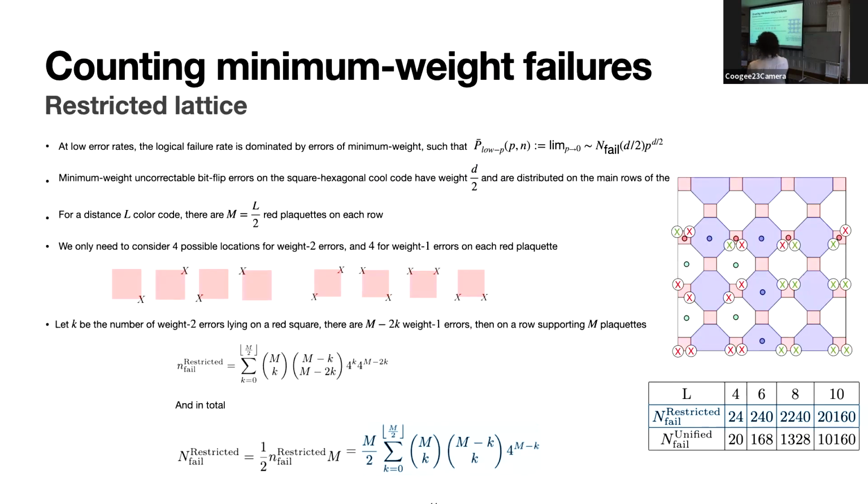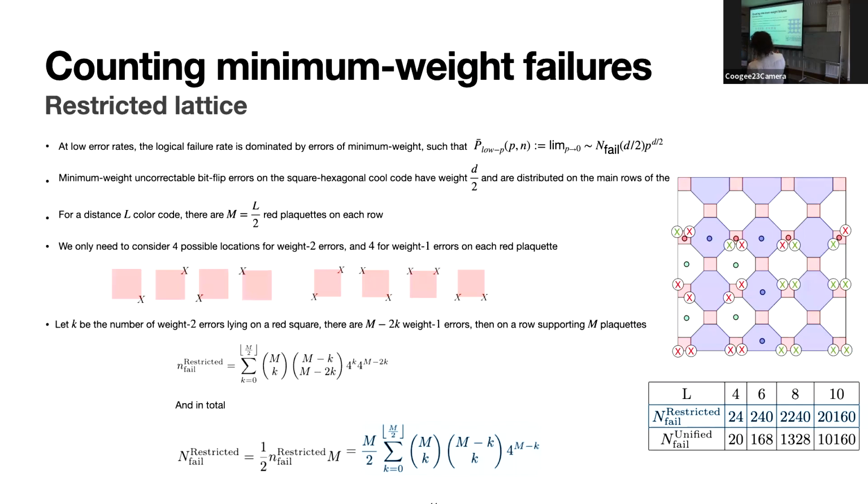We want to estimate the logical failure rate at a very low physical error rate. In that regime, it's going to be dominated by the number of minimum weight uncorrectable errors. And that'll be errors of weight D/2, where D is the code distance, because the color code distance here is always even, as you can see.